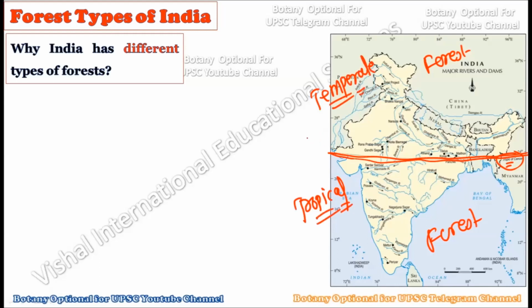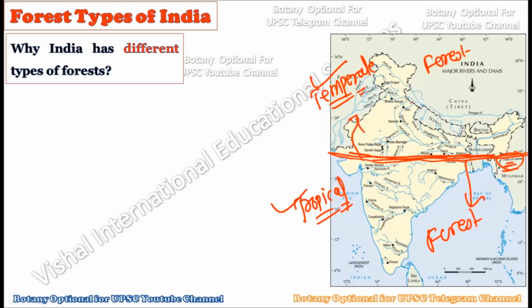Majority of the countries throughout the world are either temperate countries or tropical countries. This is not true for many countries, that it is exactly divided such that the upper portion comes into the temperate region and the lower portion comes within the tropical region. But India in that regard is different: the Tropic of Cancer goes exactly through the middle, and below we have the tropical area, and above we have the temperate area.